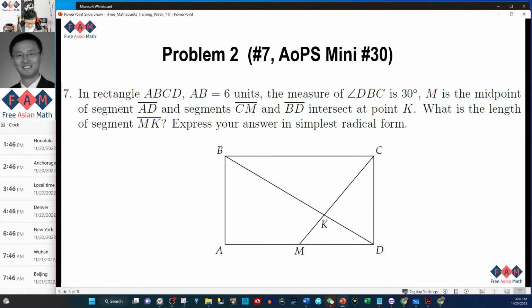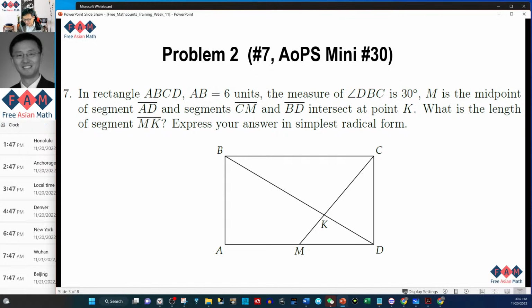Okay, so in this problem, if we need to know MK and we recognize that there's a pair of similar triangles here, how can we connect with the rest of things? Well, for this type of problem, it's actually very straightforward because once you know they are similar, we know all the ratios.